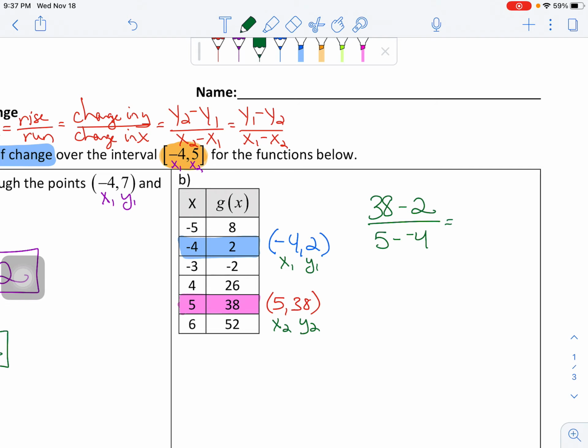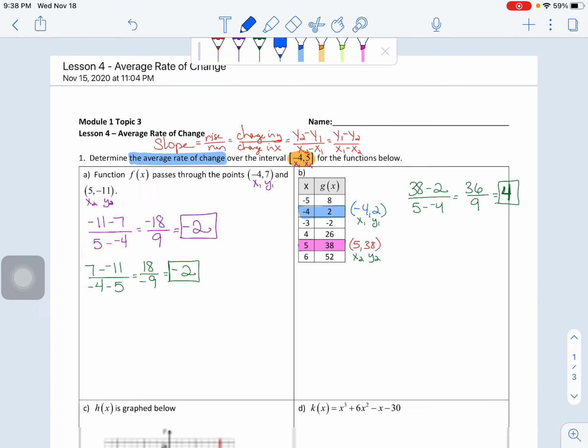All right, let's see what we got here. 38 minus 2 is going to be 36. And then 5 minus negative 4 is 9. So 36 divided by 9 is 4. There we go. Okay, so now we know the average rate of change for part B.